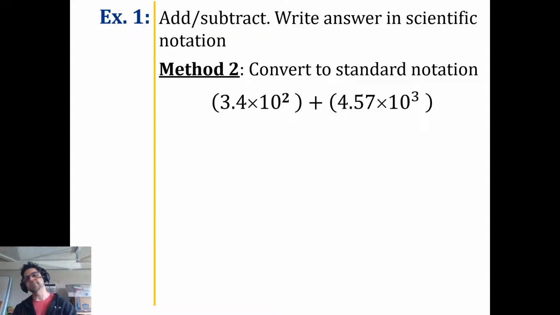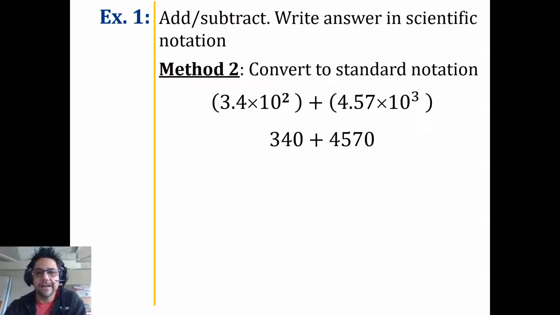My exponent tells me I need to move my decimal twice: 1, 2, 340. 4.57, I need to move it 3 times because the exponent is 3: 1, 2, 1 more, I got a 0 there. Now that I have my numbers in standard notation, I can add them up.